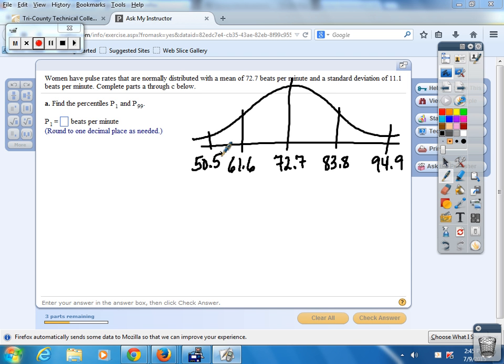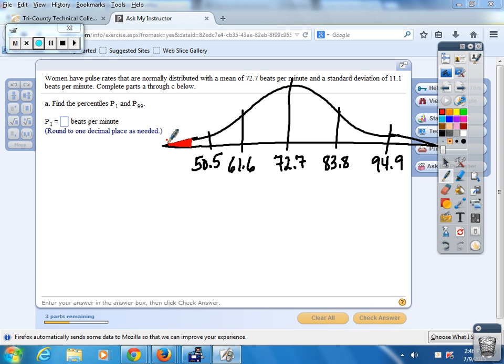All right, so you know that this is 2.5% right in here. So the first percentile would be right in here, maybe. Agree with me? Because half of 2 is, if we were doing half, that'd be around 1.25, but we just say 1.